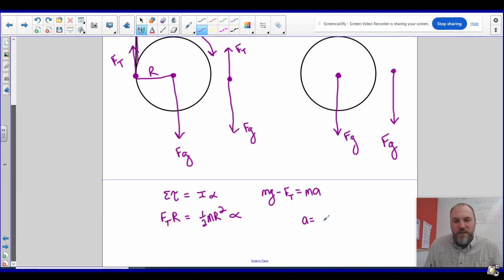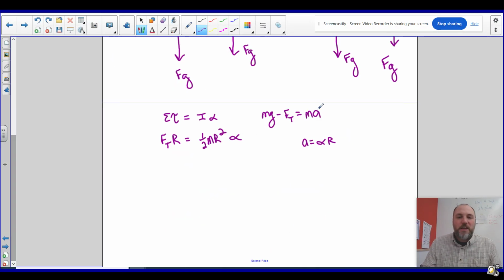As it rotates faster and faster, each piece on the edge is moving faster and faster. And the connection between the translational and the rotational is just the rotational times R, right? So if A is equal to alpha R, then alpha is A over R, and it allows me to connect these two equations now that they have common unknowns. Tension, acceleration, and alpha: if I replace alpha with A over R, now I have a system of equations with just the same two unknowns.